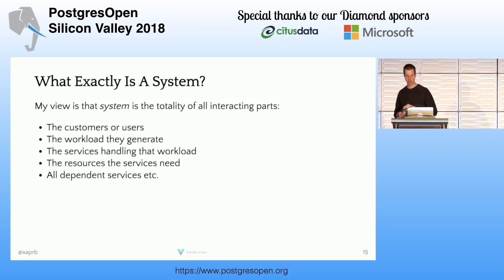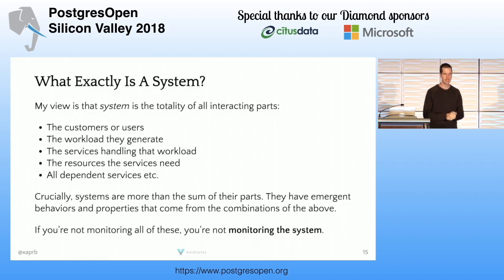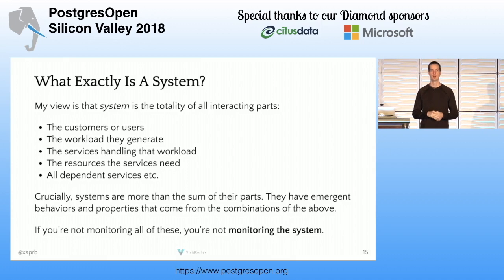And we need to think about it that way, because otherwise we're going to have a limited view of where problems come from and how they arise. And systems have behavior that arises organically from the interactions among their parts. If you haven't read the Chaos Engineering book, it's a short, 70-page ebook from O'Reilly.